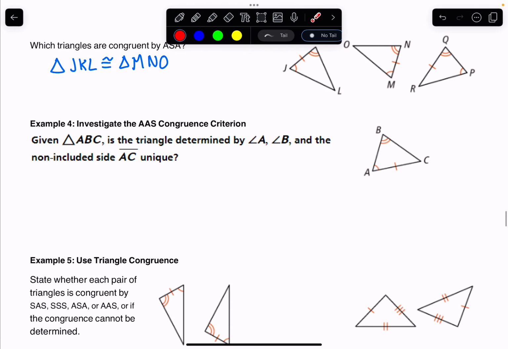So here we've got this angle, angle, side idea. And this is another one that we already took a look at. It says, given triangle ABC, is the triangle determined by this arrangement, angle and side? Is it unique, right? Is this the only triangle that we could make with this angle, angle, side arrangement?